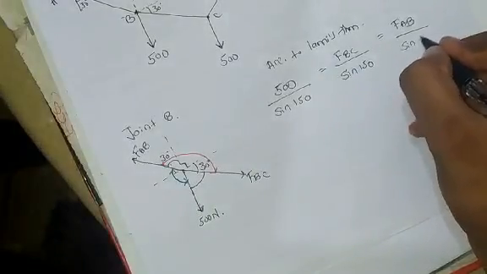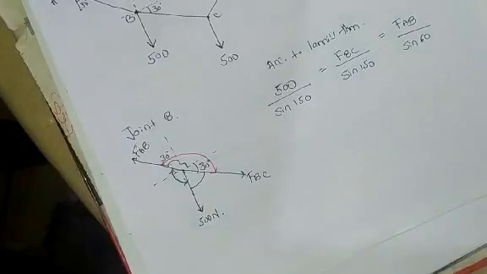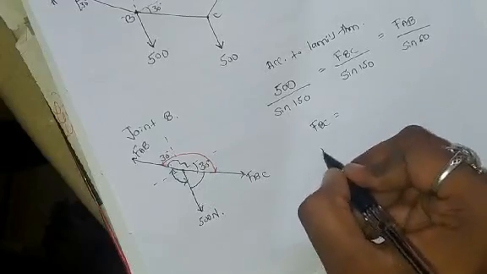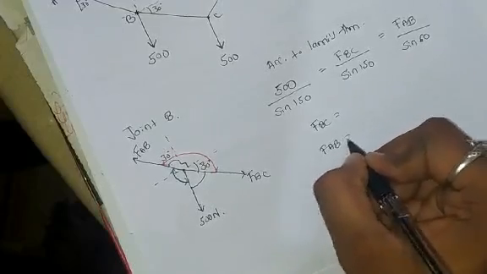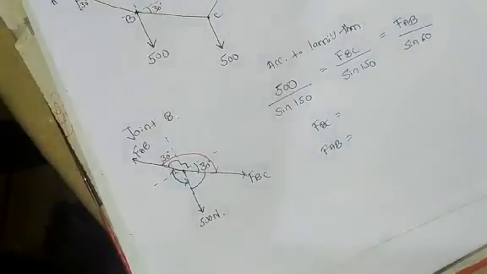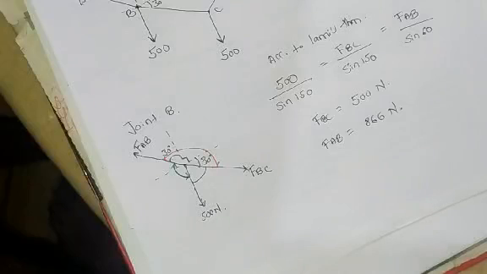So FBC is equal to FAB is equal to... Now FBC is equal to 500 into sine 150 divided by sine 150, and FAB is equal to 500 into sine 60 divided by sine 150. We got the answer as BC as 500 and AB as 866 newtons.